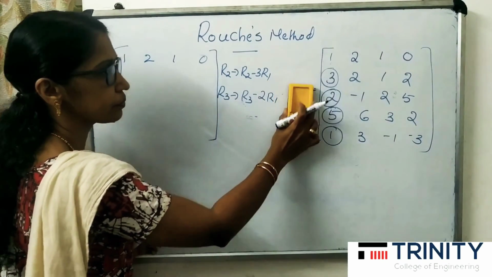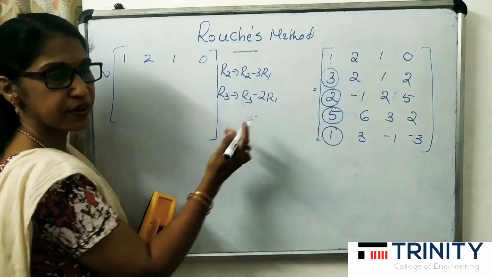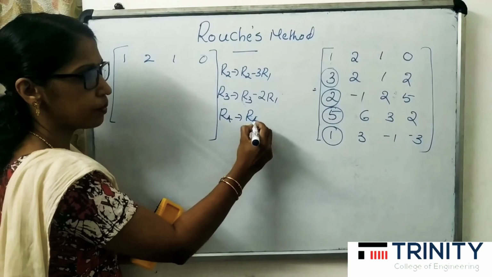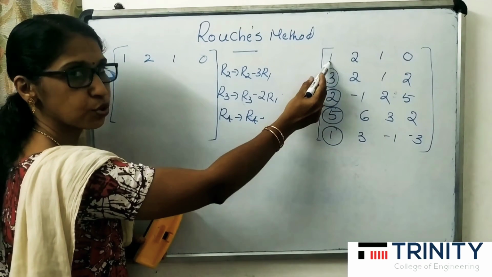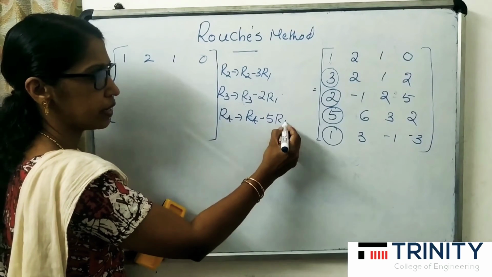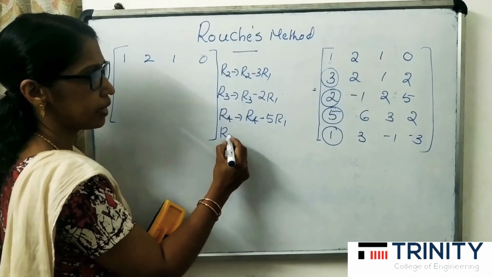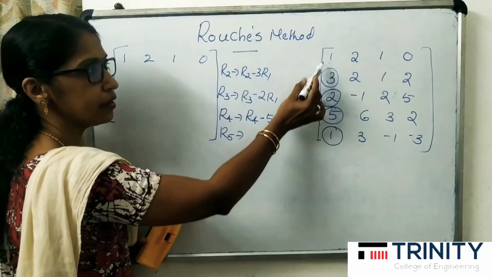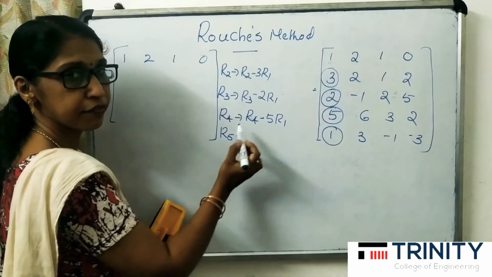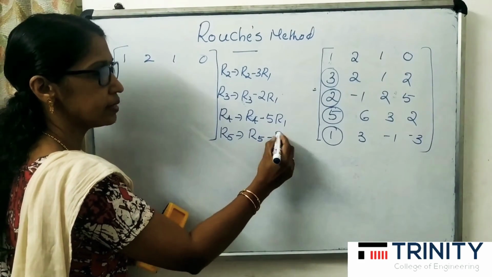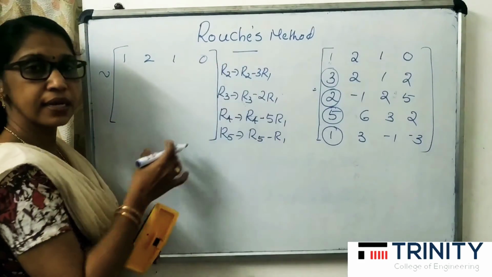Now the next element is 5, so R4 gives R4 minus 5 R1. Also R5 gives R5 minus R1, we get 0. So these are the transformations.